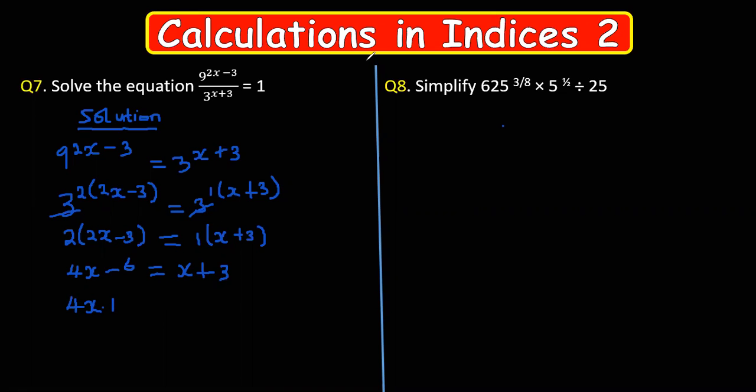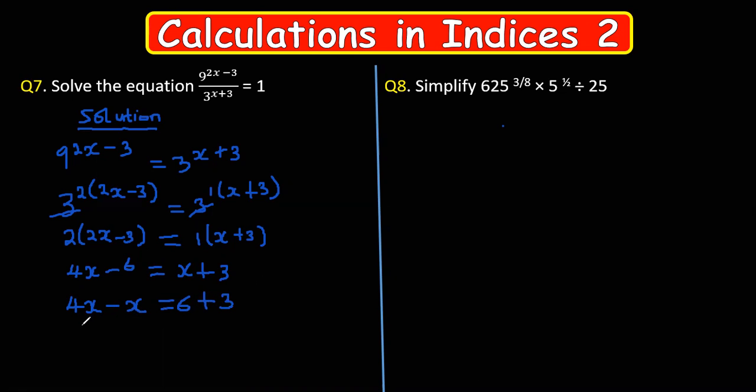So minus the 1x equal to minus 6. When it goes to this side, crossing this equal sign, it's going to become plus 6. I'm going to write it 6 plus 3.